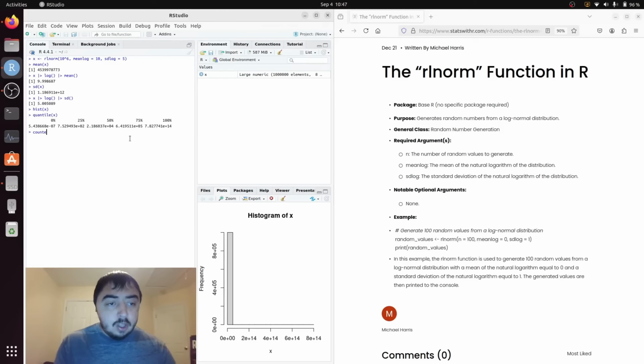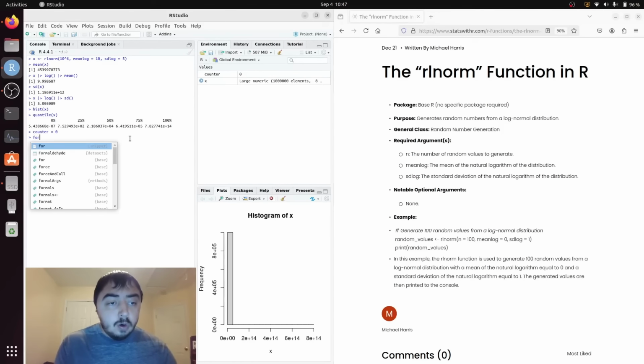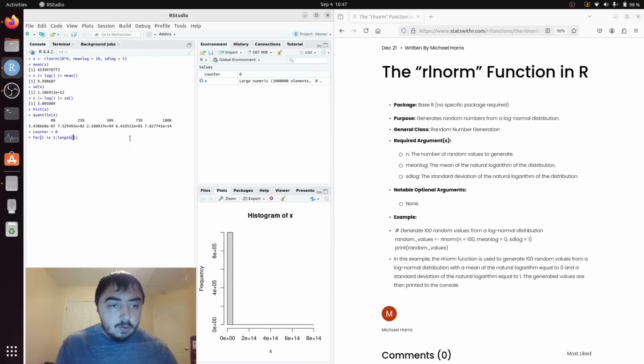So I have a counter, which is going to count the number of values above 1 million. So for i in the length of x. So I have a for loop that I want i to count from 1 to the length of x, which is 1 million.